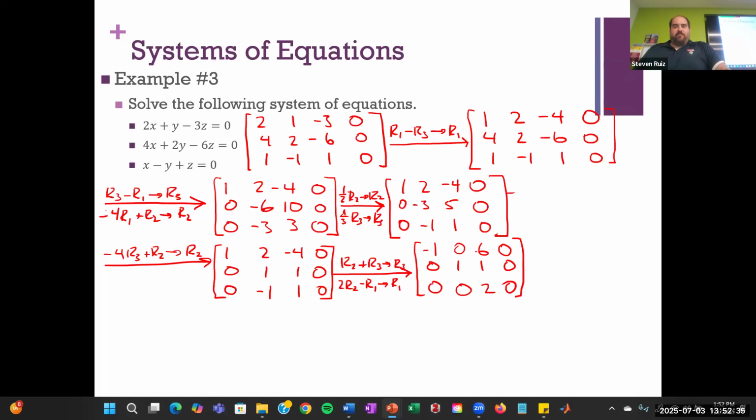Is this true? Then I'm going to ask for a small alteration to this operation here. How might I change it? -2R2 plus R1. Yeah, basically just take the opposite. If I do that, then I'll get 1, 0, -6, 0.